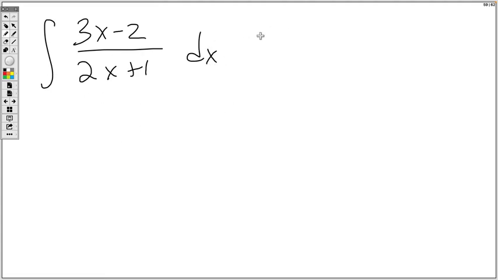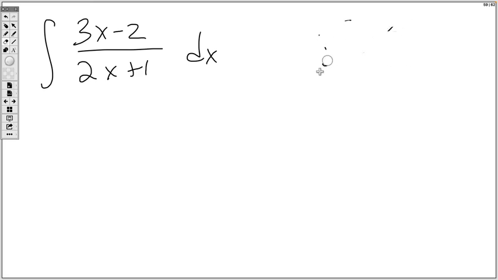Now, if we just had a 2x down there, we could break up the numerator, 3x over 2x minus 2 over 2x, and we'd be good to go. You follow? The problem is we've got this plus 1 down there, which doesn't make things easy for us.